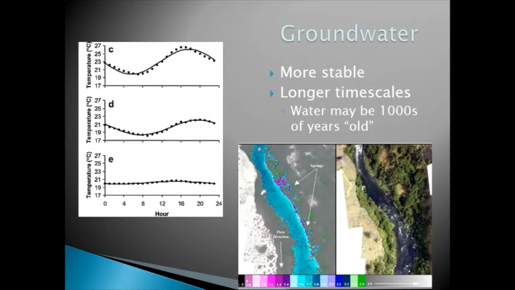Now if we look at streams that have a majority of the water coming from precipitation, what we see is curve E here, right?